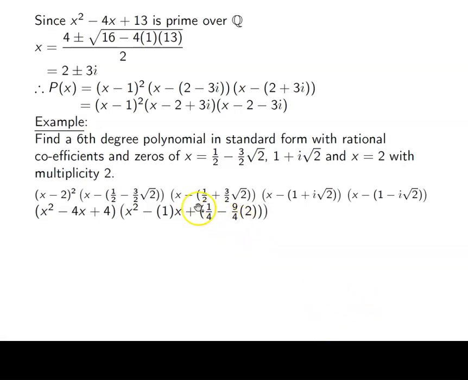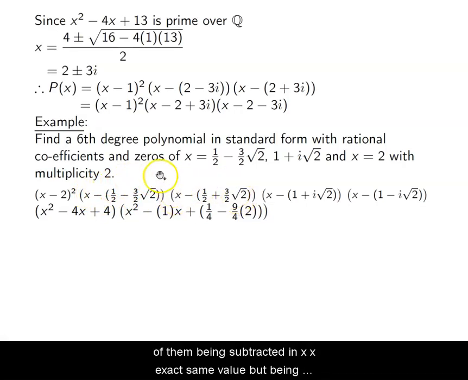So to clarify these, notice what happens when I have my x times this positive 3/2 root 2. It's actually a minus 3/2 root 2. This x times this one is minus and minus, so that's a plus. So I have x times one of them being subtracted and x times the exact same value but being added, so they cancel.